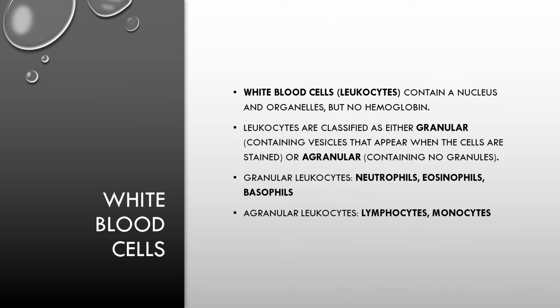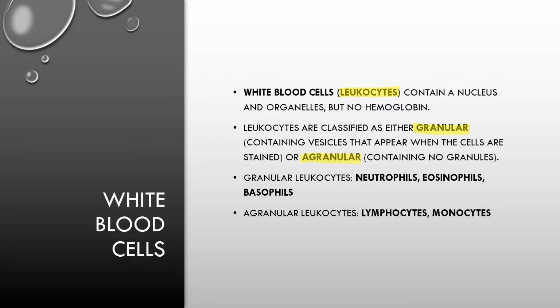Now, unlike red blood cells, white blood cells, or leukocytes, have nuclei and they have a full complement of other organelles, but they don't contain hemoglobin. Now, white blood cells are classified a couple different ways. They can be classified as either granular or agranular.